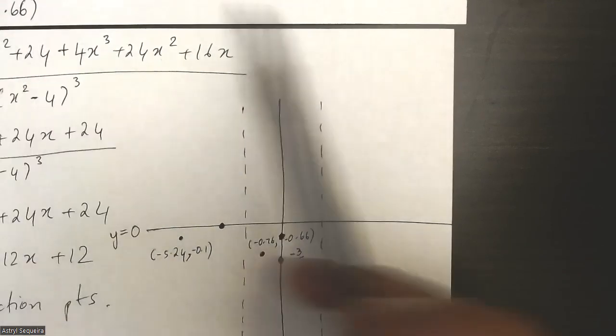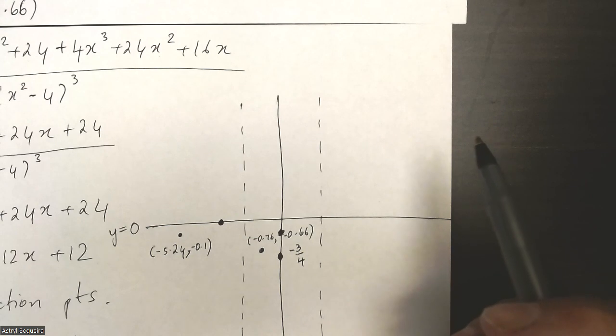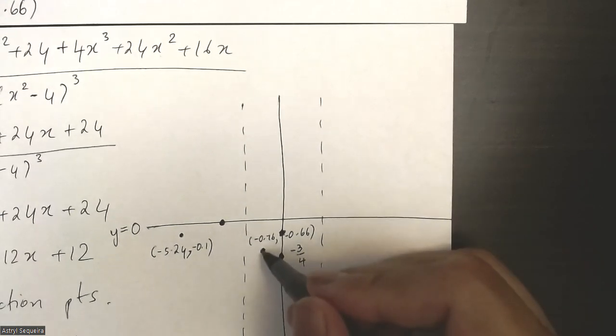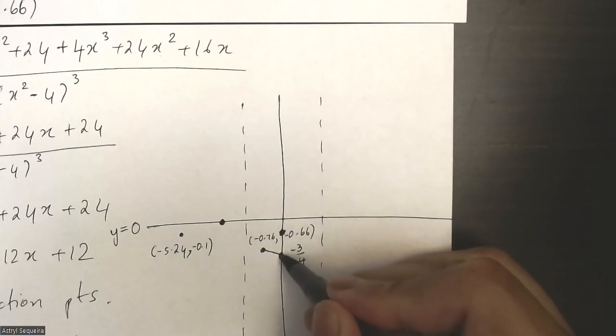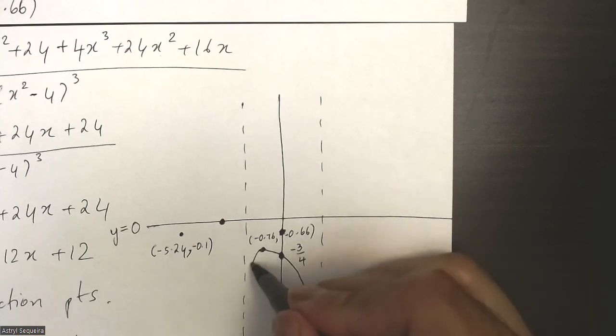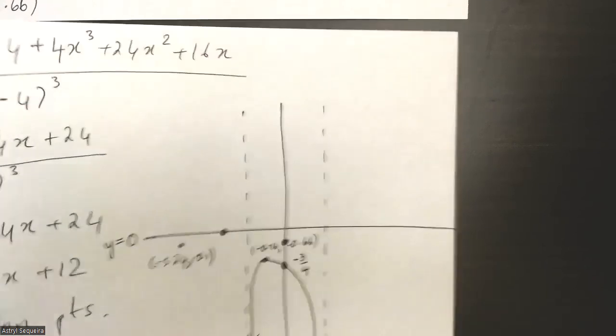And I have no other points that I can draw. So now I can use my intervals of increase and decrease. But the easy thing to draw is this part right here. I know this is a maximum, so it has to go like this. There's no other possibility for the graph over there. So that's very easy to draw.